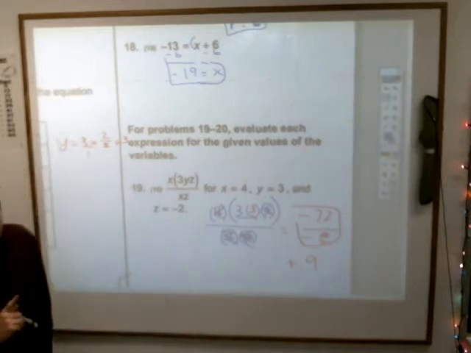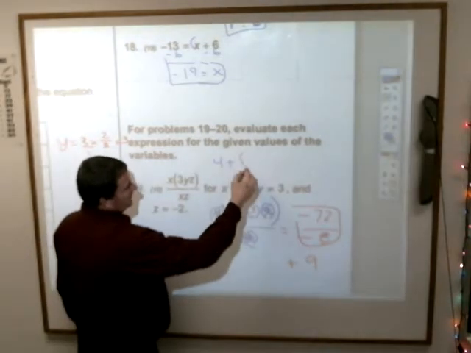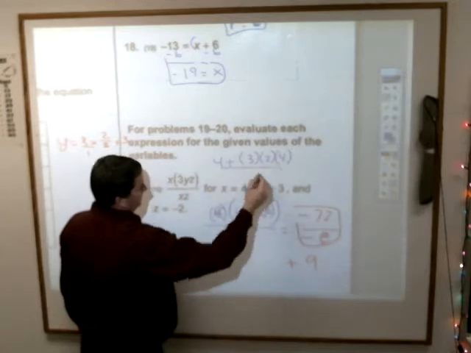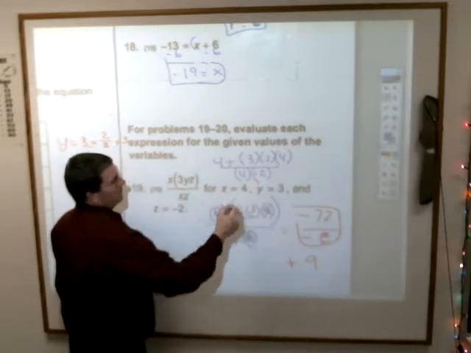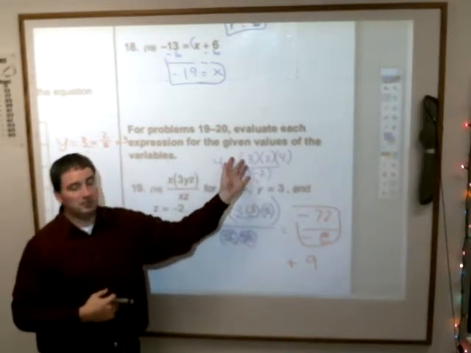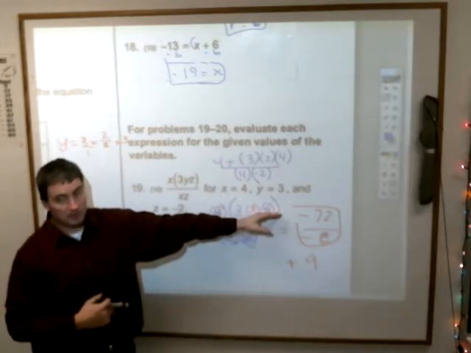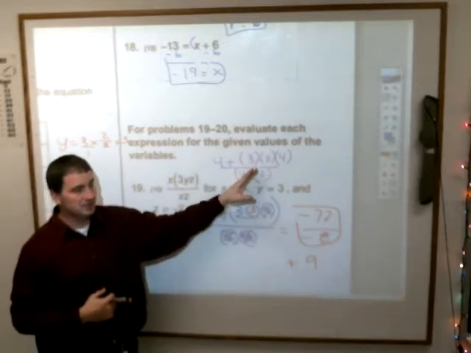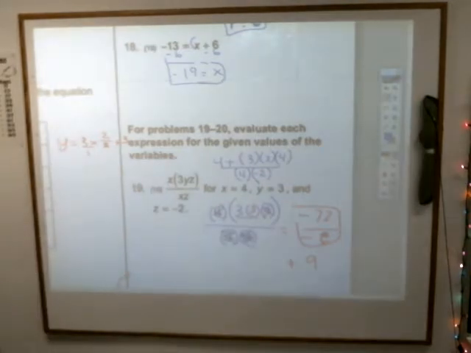But I'm scared to tell you that because if the problem would have looked like this, you could not do that. Okay? And people have a hard time with this. I couldn't cross this 4 off with that 4. It doesn't work that way. Anytime there's an addition sign on top, it doesn't work that way. As long as they were all factors, yes. But if there was an addition sign that made an addition problem on top, you can't just cut pieces out of addition problems.